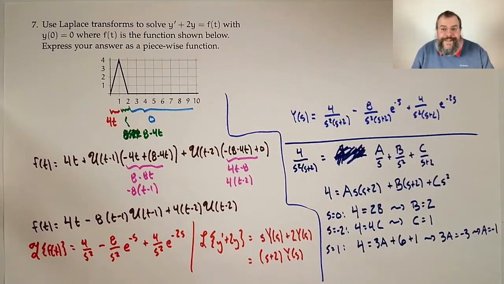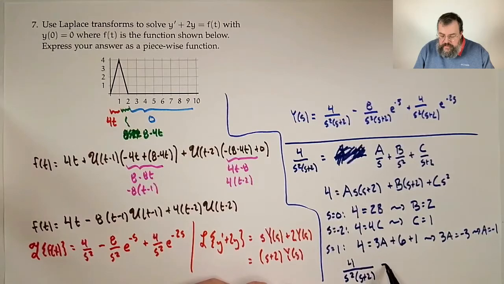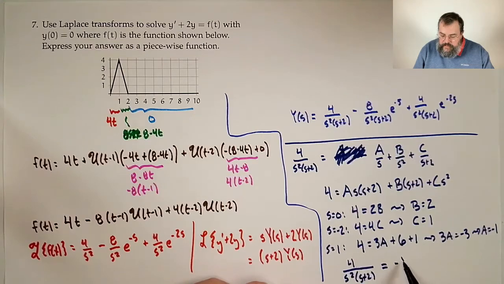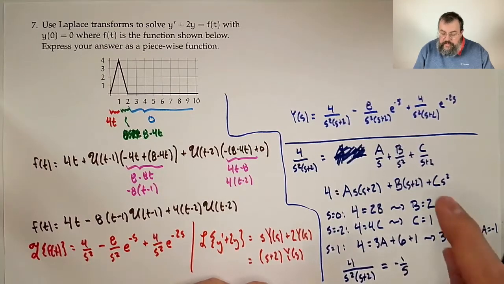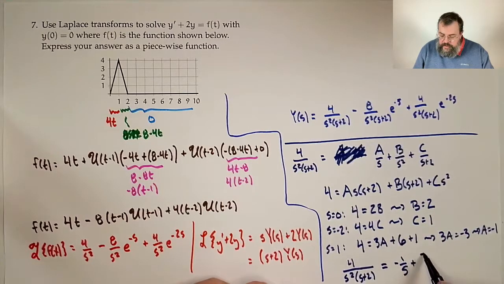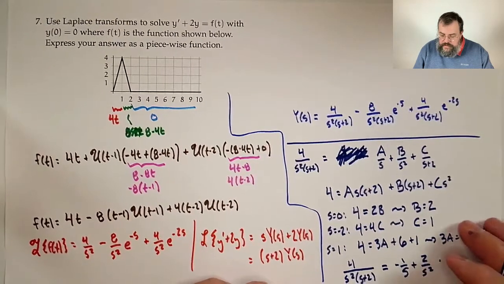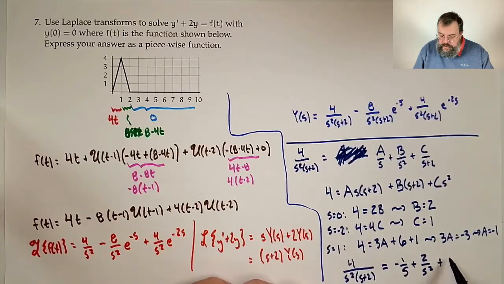All right, great. So we have the following. 4 over s squared times s plus 2 is equal to our A, so minus 1 over s, plus our B, which would be 2 over s squared, plus our C, which would be 1 over s plus 2.